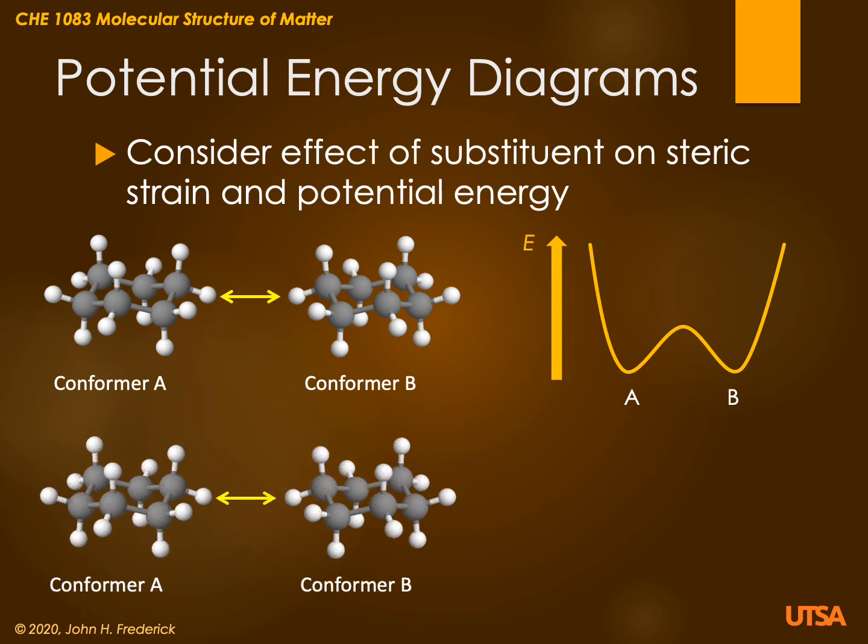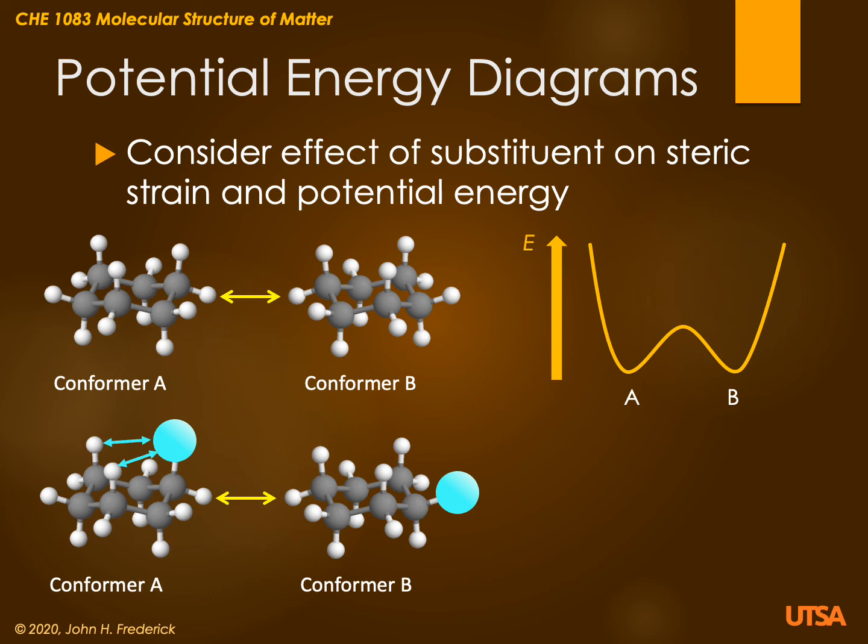Now, let's consider the same thing, but now I'm going to put a substituent on one of the atoms. Let's say it's a very large atom, or a bigger molecule, like a methyl group. Now it's going to make a difference if that methyl group is in an axial or an equatorial position. In the axial position, it's going to be brought into close contact with its neighboring hydrogens.